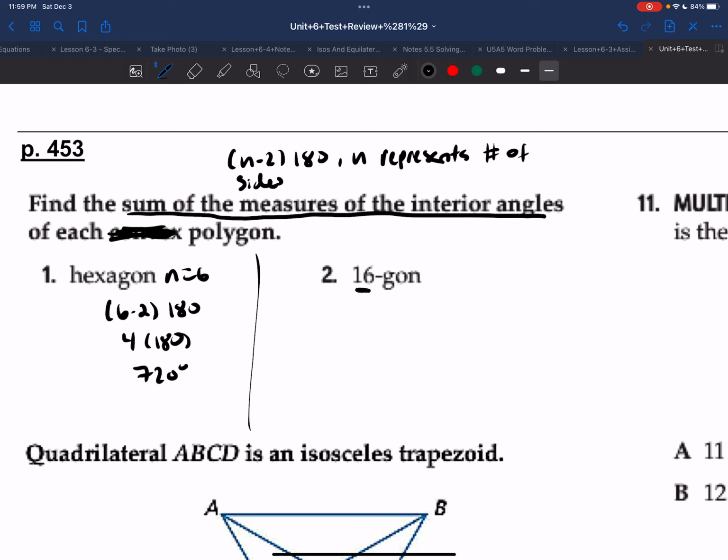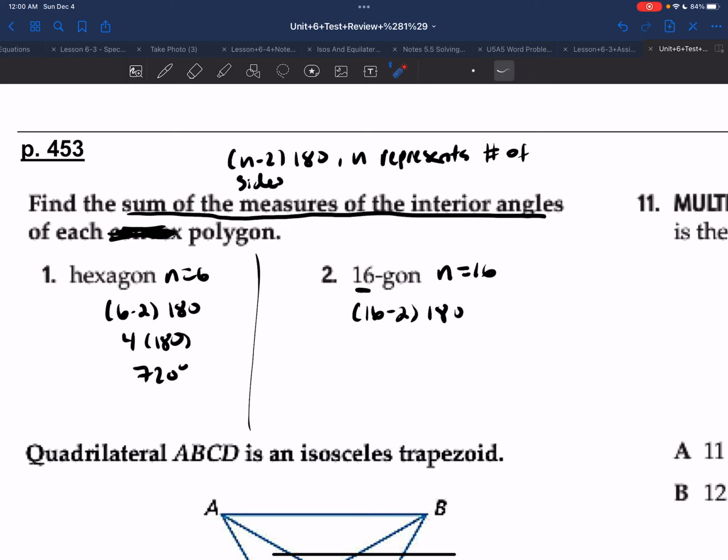It's already given 16, right? N is equal to 16. So I do 16 minus 2 times 180. Or you don't have to necessarily memorize this for me, actually. Just remember, you just got to think triangles, right? If you draw a 16-gon and then connect a vertex to the other vertices, you're going to have 14 triangles there, right? And the sum of interior angles of a triangle is 180.